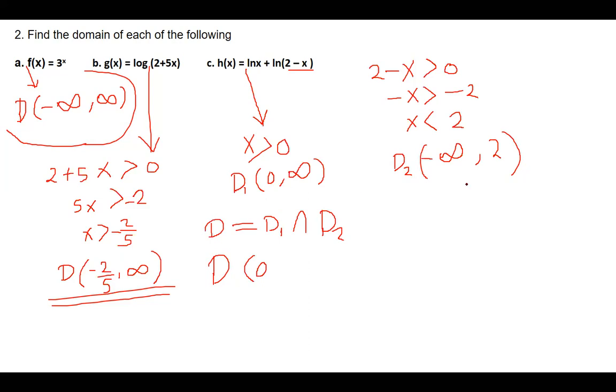And then we can also see that this 2 is there. So this is our d. I'm sure by now you guys will not have problems in finding intersection sets.